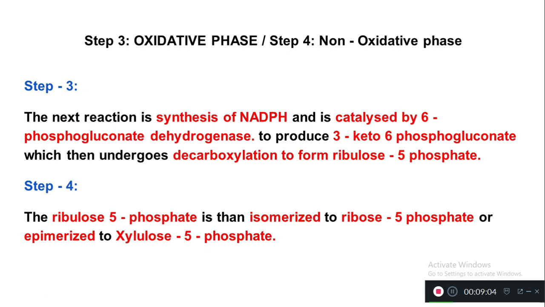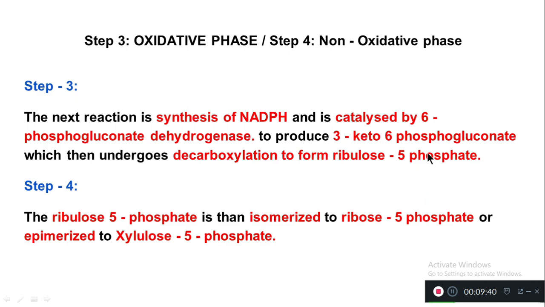3-keto 6-phosphogluconate undergoes decarboxylation to form ribulose 5-phosphate. In step 4, ribulose 5-phosphate is then isomerized to ribose 5-phosphate.